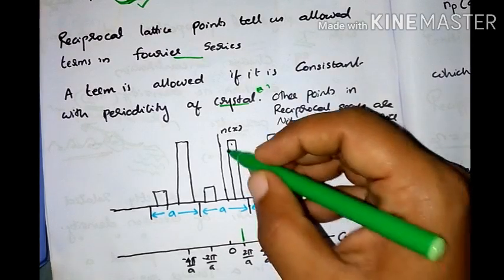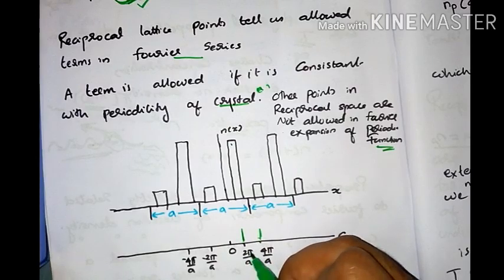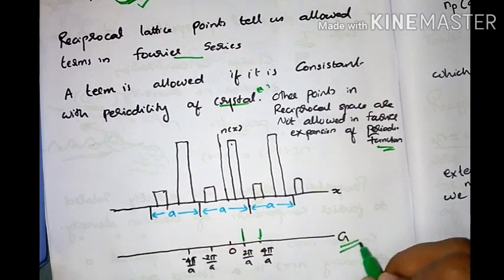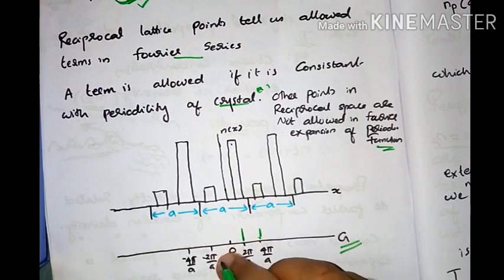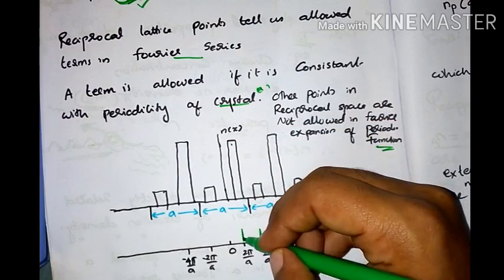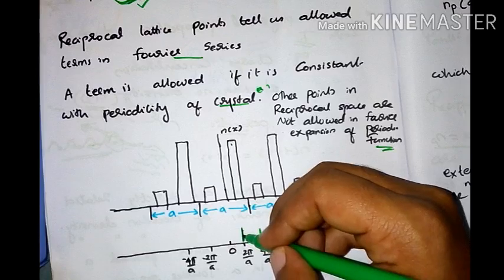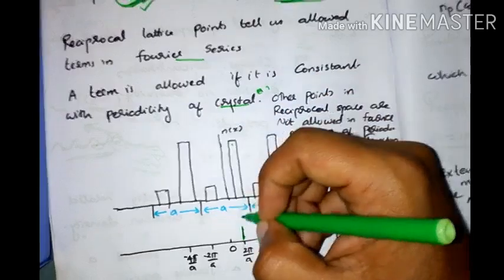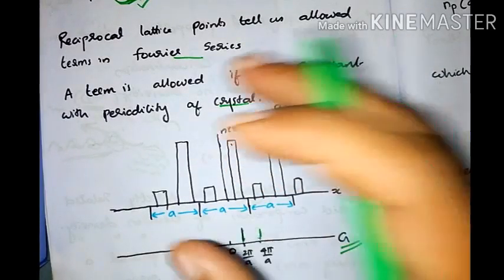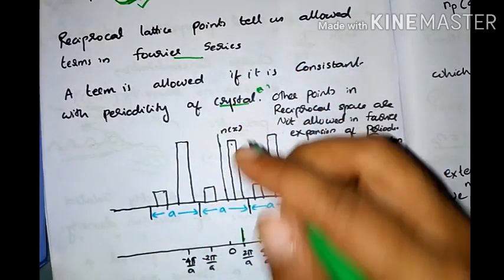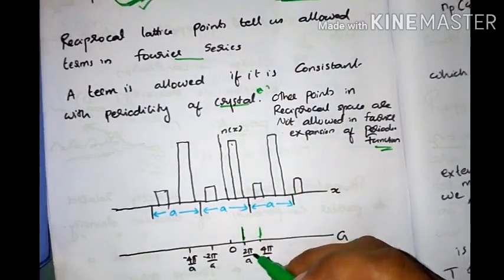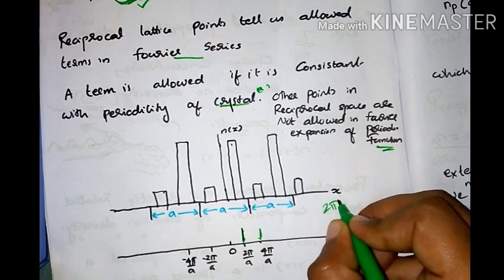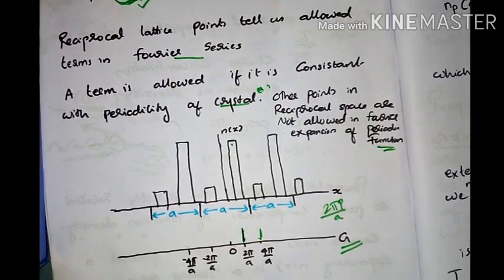This is 2 pi into 1 by a, this is 2 pi into 2 by a, and this is a reciprocal lattice. These points in the reciprocal lattice show the corresponding electron density maxima, or the maximum electron densities in a direct lattice. The maximum electron densities in a direct lattice can be represented as points in reciprocal lattice, and they are given by 2 pi p by a. p is an integer.